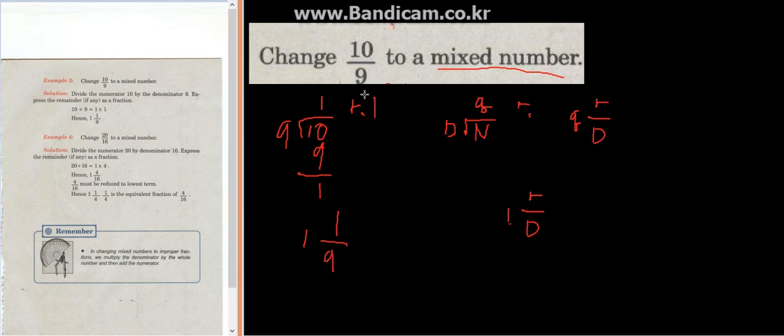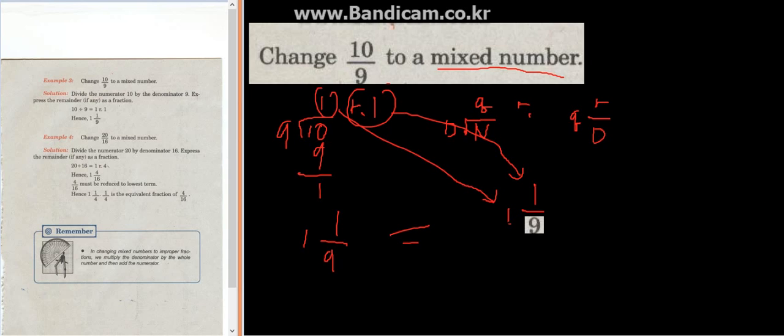And the remainder was 1, so you write down the remainder here. And the denominator was 9, so you write it down here. So it becomes 1 and 1 over 9. And the answer is just the same. So the remainder is from here, and the quotient is from here.